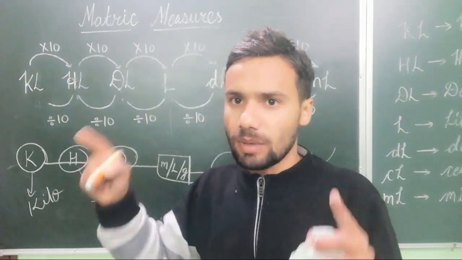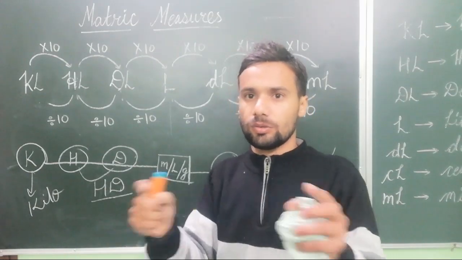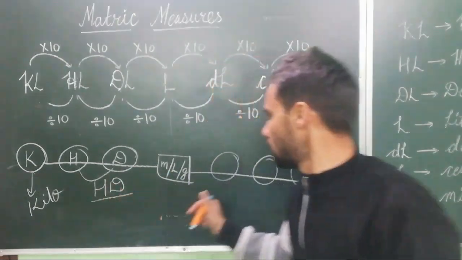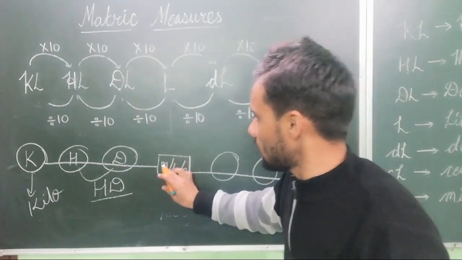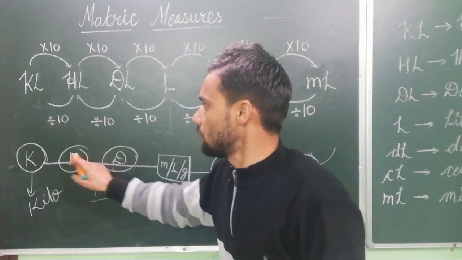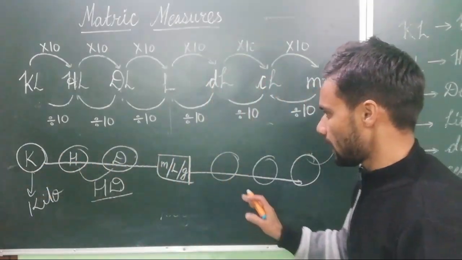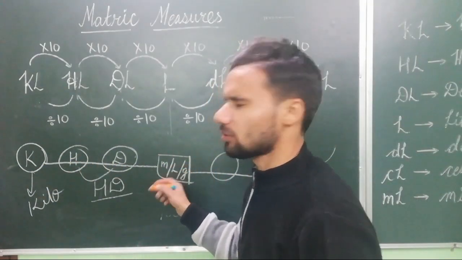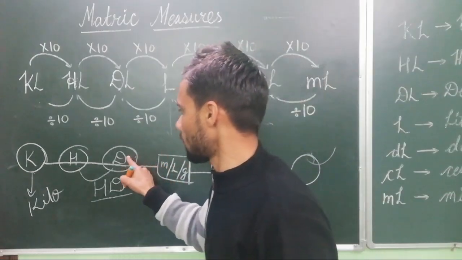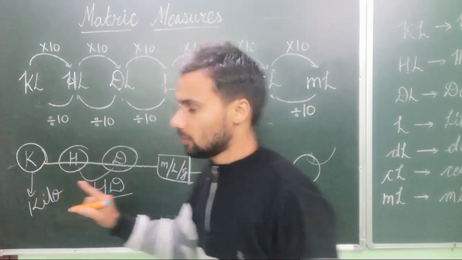You can remember HD in your mind: HD means you see the videos in HD, high definition. In the center, if you write the units of length, you write meter, decameter, hectometer, kilometer, and so on. If you want to write the units of weight, then you write decagram, hectogram, kilogram.